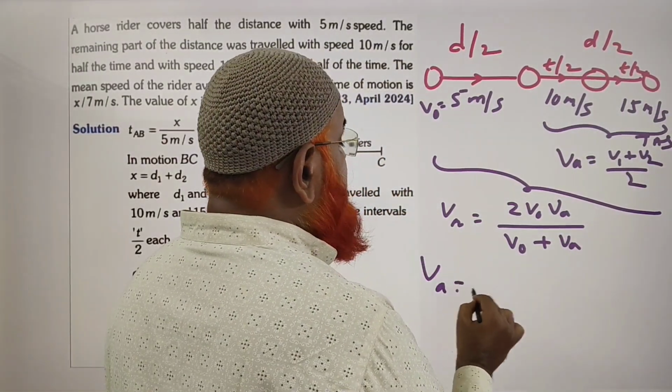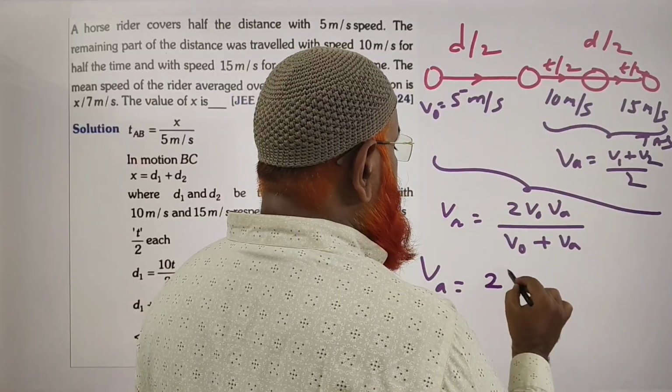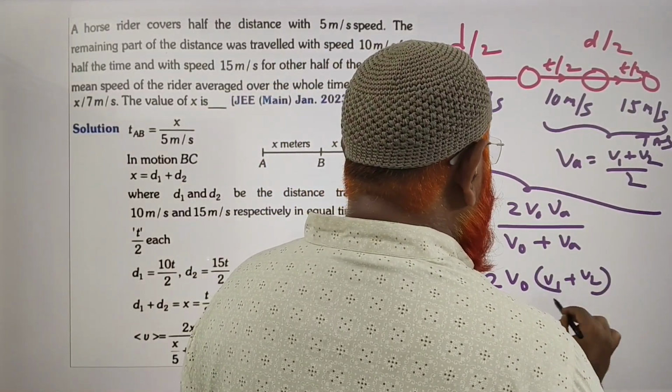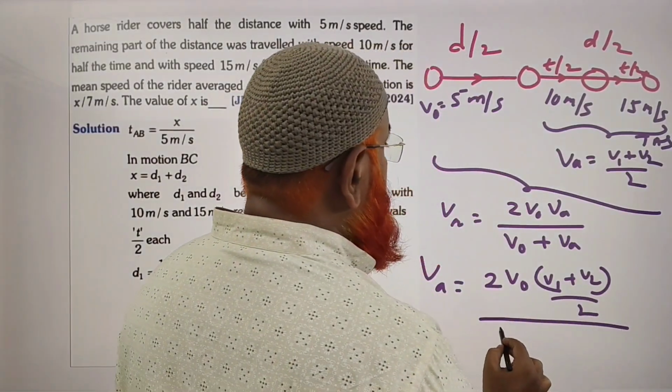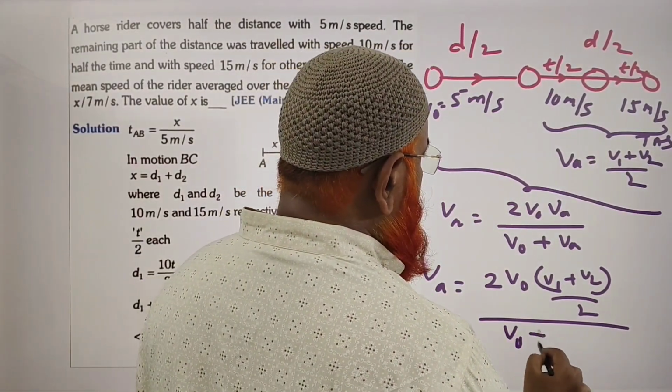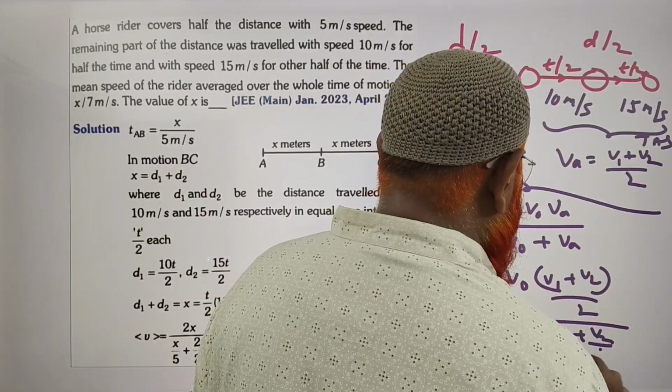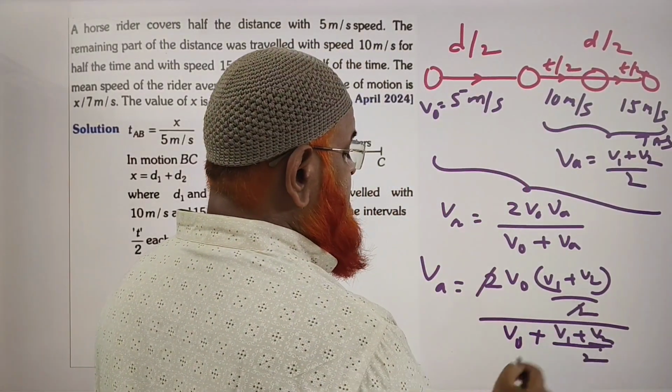So V average, the net average, with 2 V0 means V0 only. VA means (V1 plus V2) divided by 2, whole divided by V0. What is V0? V0 is V0 only. And VA is (V1 plus V2) by 2. So 2 gets cancelled here.